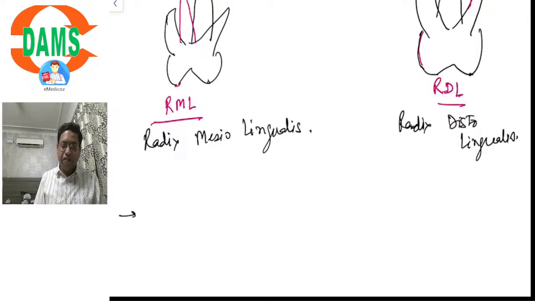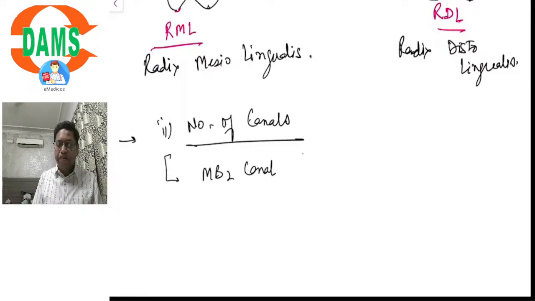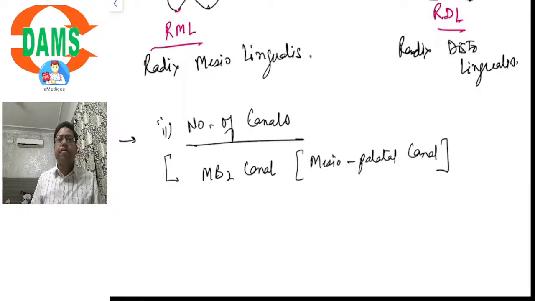The second anatomic variations can be in the number of canals. The most important anatomic variation is an MB2 canal, which is also called mesiopalatal canal, abbreviated as MP canal.